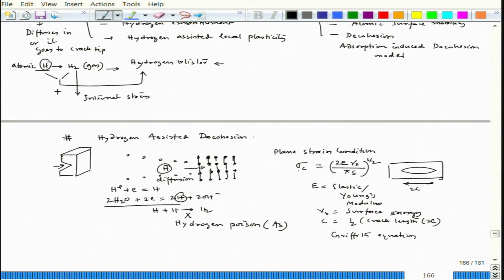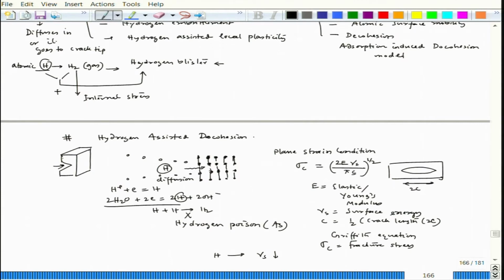Now, this is the fracture stress. What happens is that hydrogen reduces the gamma S, because of the hydrogen diffusion into the material.